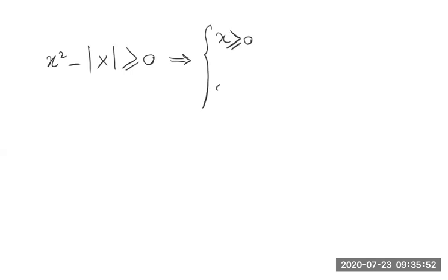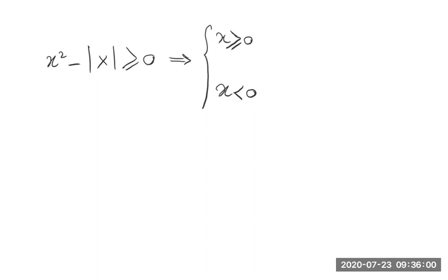Okay, so let's write it here. X squared minus absolute value of x should be greater or equal than 0. Usually it's good to consider different cases, right? It's good to say either x is positive or 0 or x is negative. There are two cases.